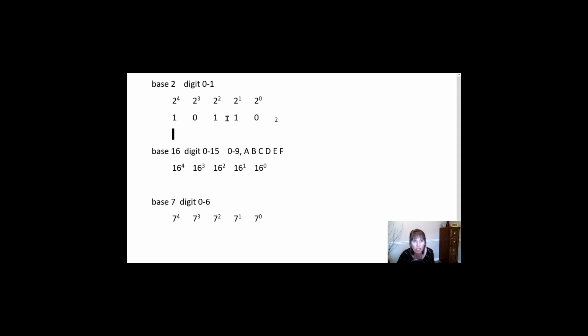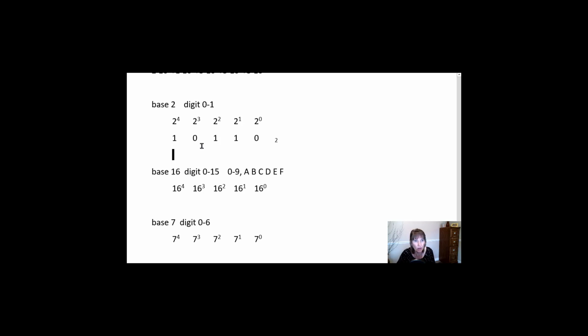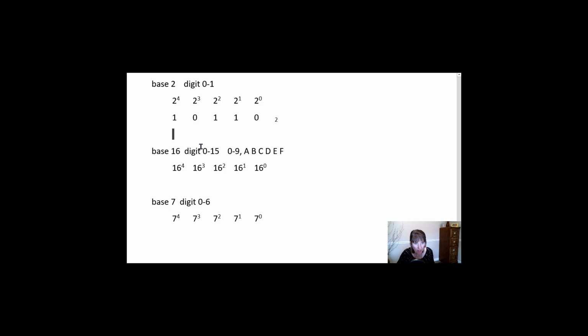So let's go ahead and write this up. This is 1 times 2 to the 4. Now I'm not going to write it out every time. I'll write it out the first time, but after that I won't, because it just takes a long time to write when you can often do it in your head. So we have 1 times 2 to the 4th, and then you do the plus.